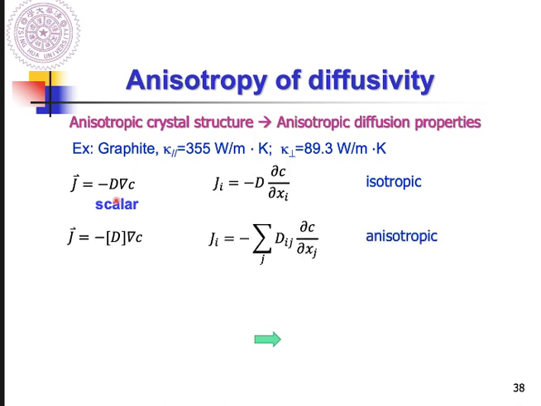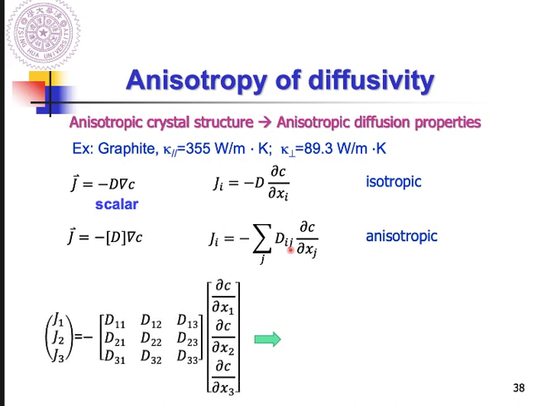However, if you find out that your material system is an anisotropic crystal, you cannot just put the same diffusivity to substitute here. So you need to use a tensor to represent your diffusivity along different axes.